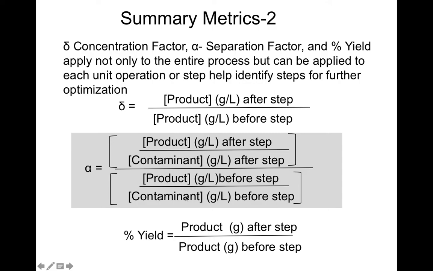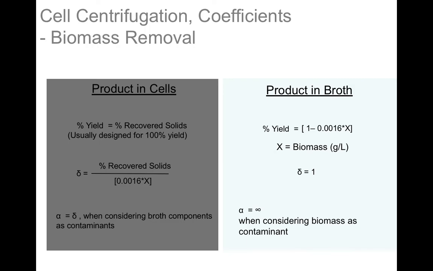For centrifugation, when we're considering biomass or cells as the contaminant, it's pretty easy to calculate these parameters. If the product is in the cells or is the cells, then you can estimate alpha, delta, and percent yield relatively quickly. Percent yield is the percent recovered solids, and usually you design your centrifuges to get 100% yield effectively.